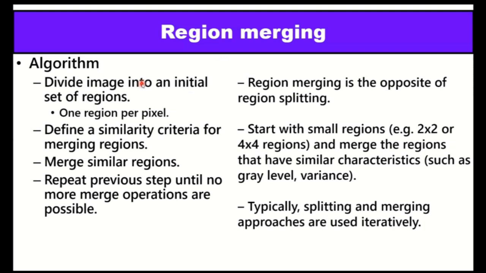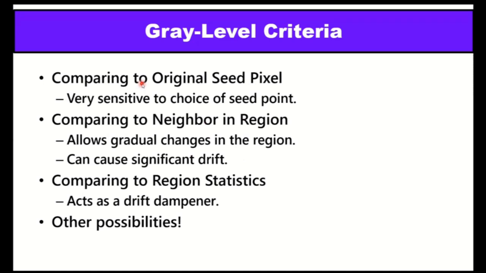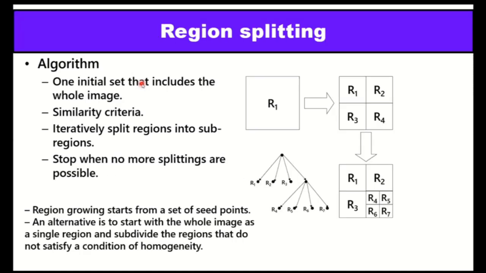Who are the similar? We merge them together. So 60 to 64 are similar, then we merge them together. In region growing, we select, so region grows. Here we merge them and they can be part of one region. Similarity criteria can be gray level, color, texture, shape, model, and the region merge technique can be used very efficiently.